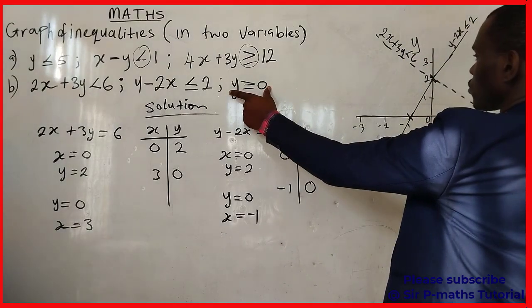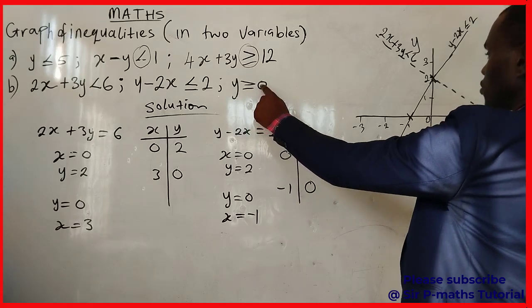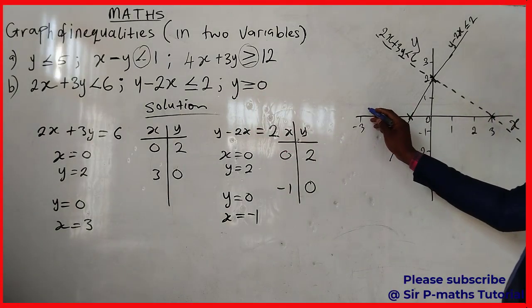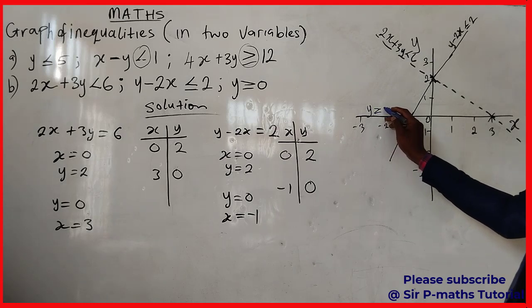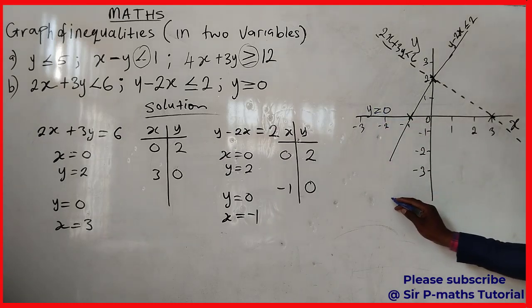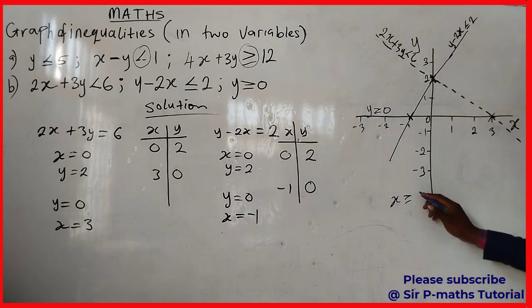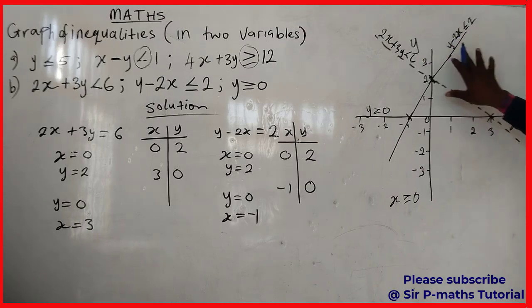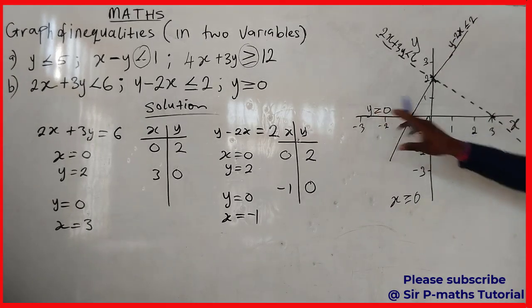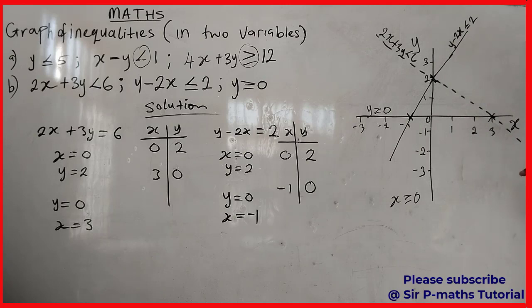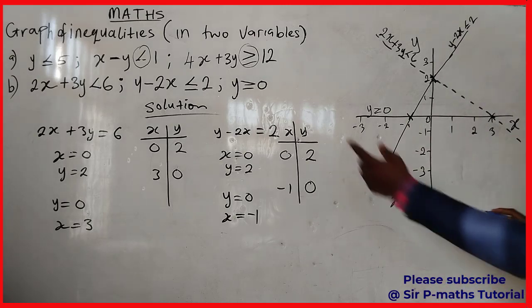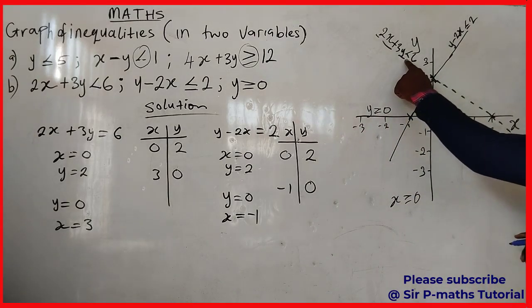And for the final one, y greater than or equal to 0. That means we are shading directly on the x-axis. If I have x greater than or equal to 0, that means I am shading the y-axis. So for this one, I will shade the x-axis. So let us shade. The first one is less than.